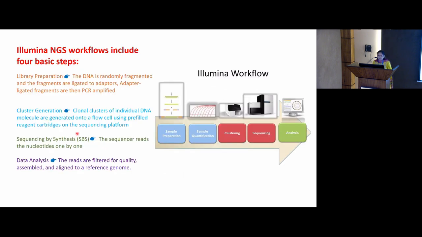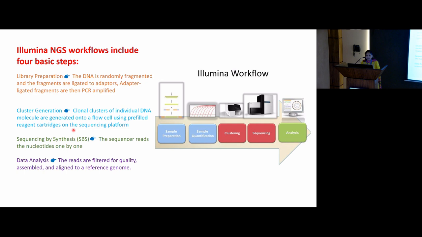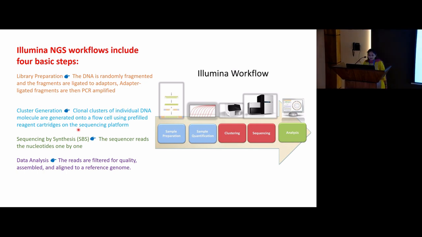The Illumina NGS workflow includes 4 basic steps. First is library preparation, then cluster generation, sequencing by synthesis, and data analysis. We have already seen the library preparation, where the DNA is randomly fragmented, platform-specific adapters are ligated to the fragmented DNA, and these adapter-ligated fragments are then PCR amplified.